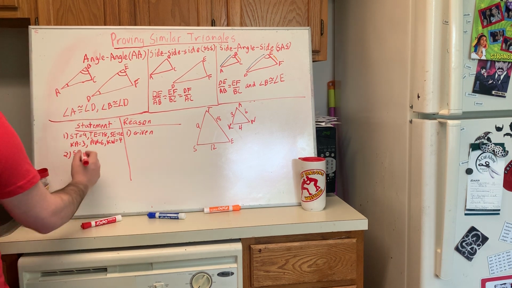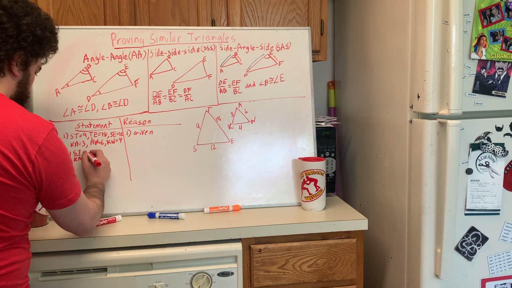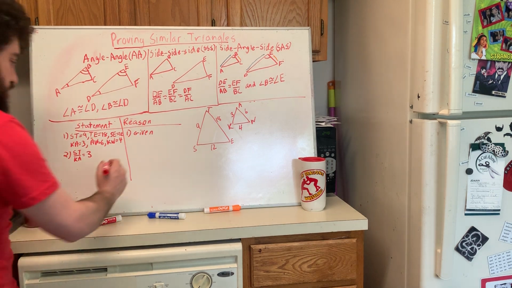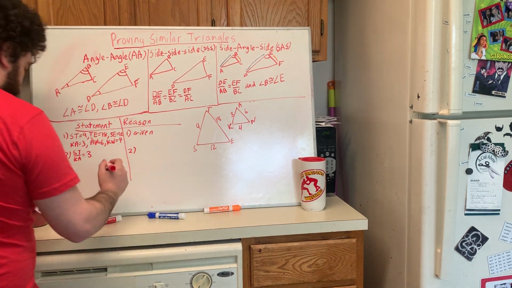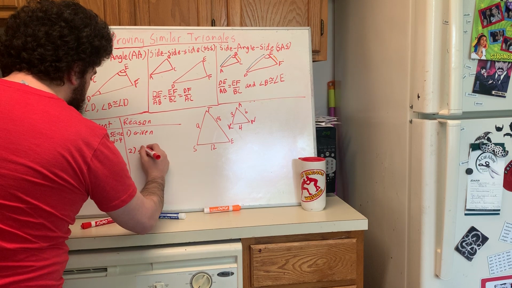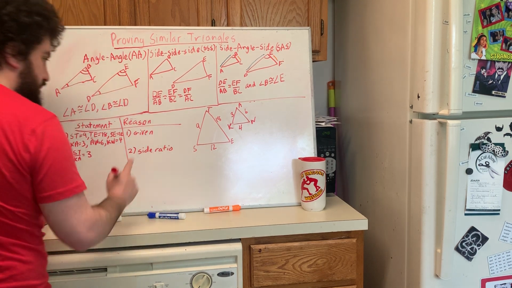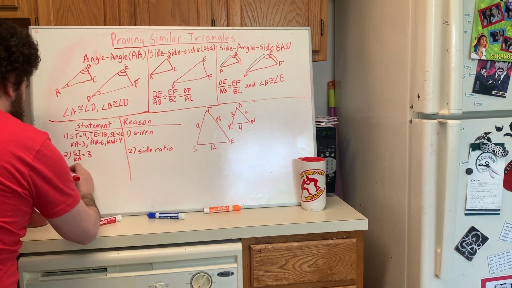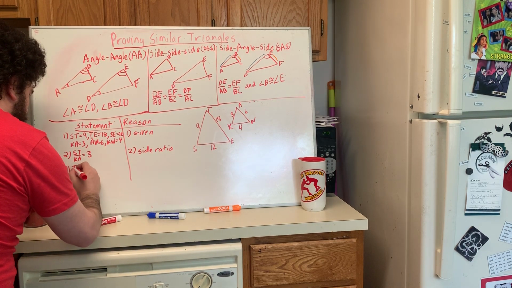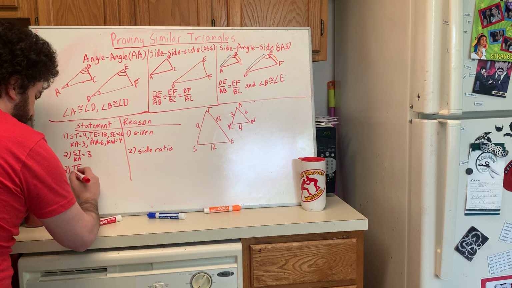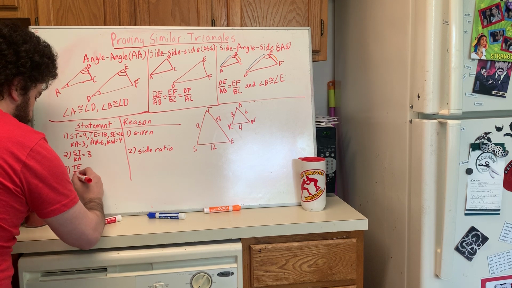So that is equal to 9 over 3, which is 3. And this is a side ratio. Okay? Let's do TE to AW.